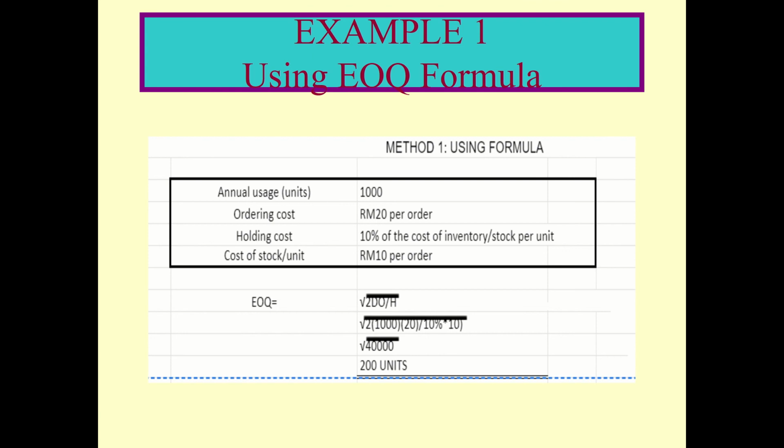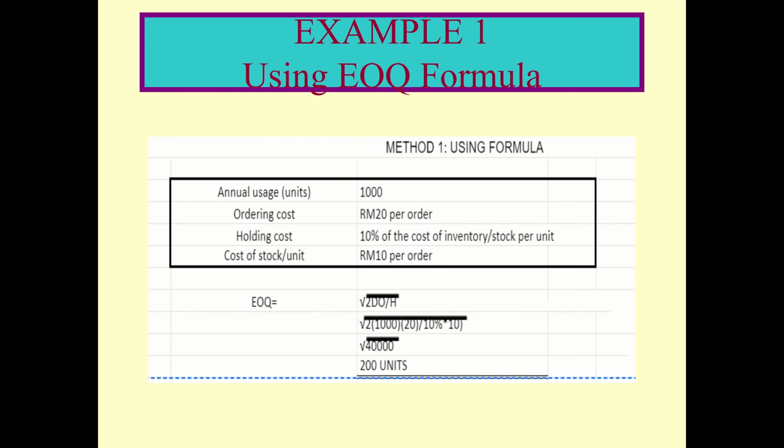We use another example now. We have annual usage of 1,000 units, and the ordering cost is 20 ringgit per order, and the holding cost is equal to 10% of the cost of stock or inventory per unit.